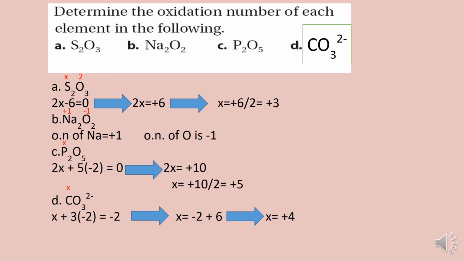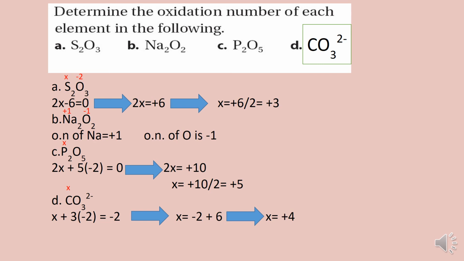Solve for x: because there are two atoms of sulfur, we get 2x minus 6 equals 0. Solve the equation here. You will get 2x equals plus 6, and for 1x it is plus 3.